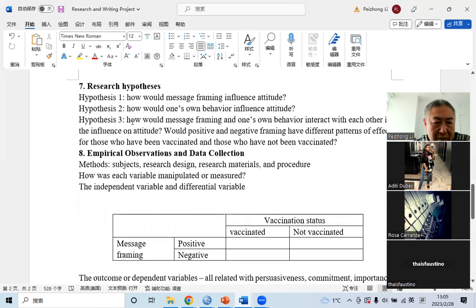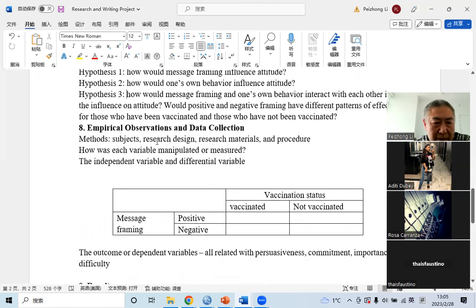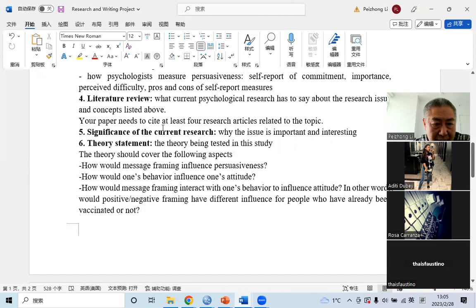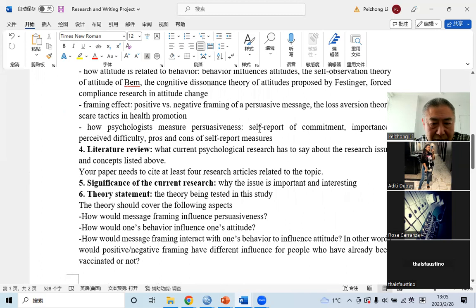Your prediction is tied to what you are going to do in the study, so you have to mention the importance measure and the self-observation measurement, the self-report measurement issue.